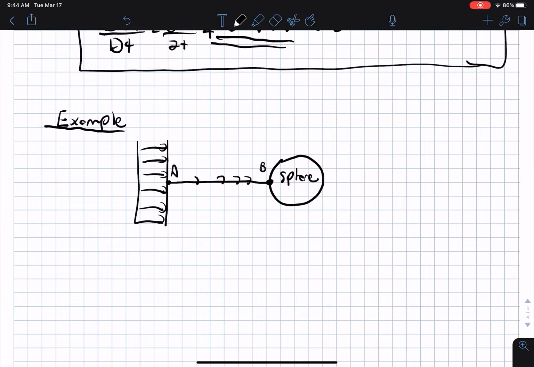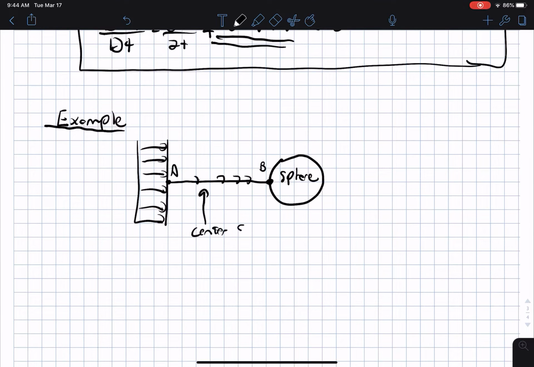What we find, a streamline, we find that at the center streamline, the velocity field for that is given by u, which is a function of x, I hat, and this equals some v naught times 1 plus the quantity a cubed over x cubed I hat, where a is the radius of the sphere.